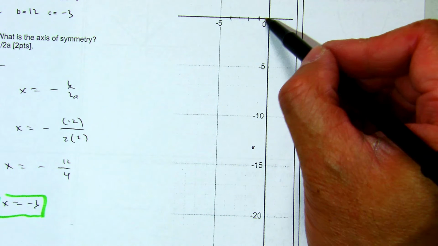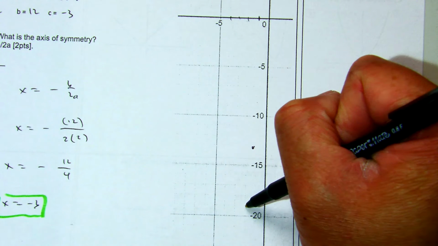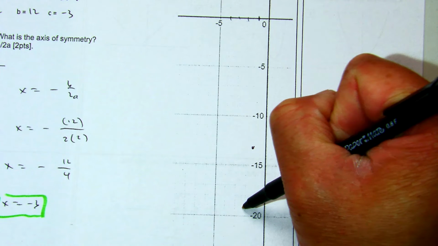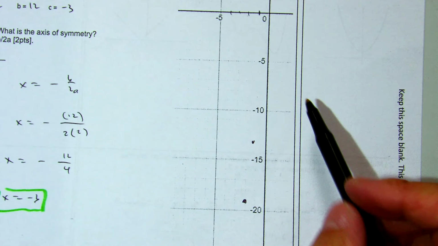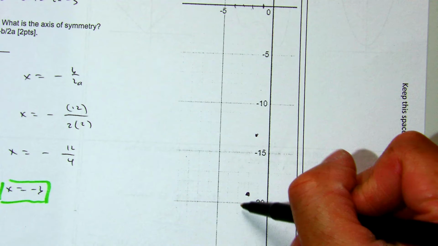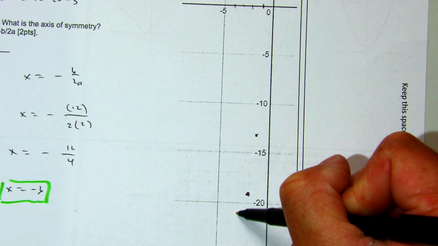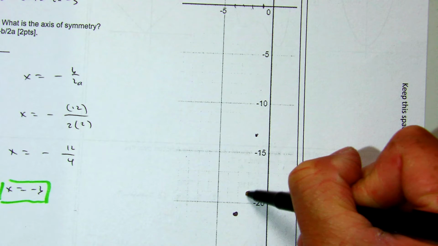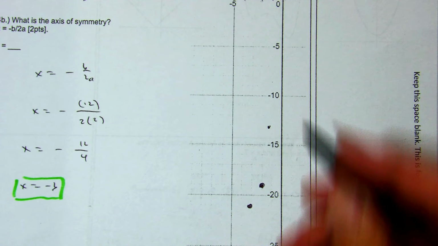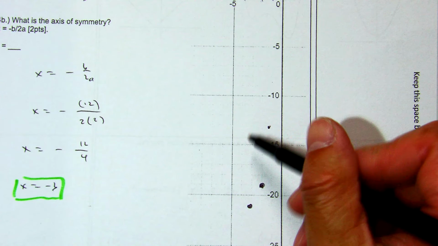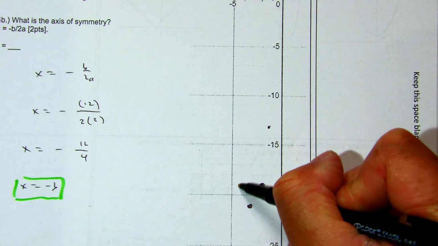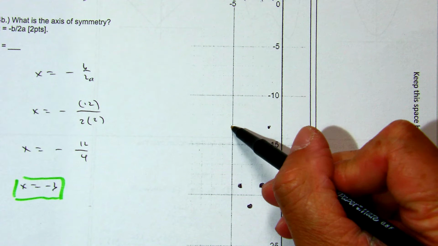Left 2 down 19. Left 3 down 21. And then it's symmetrical, left 4 down 19, and left 5 down 13.